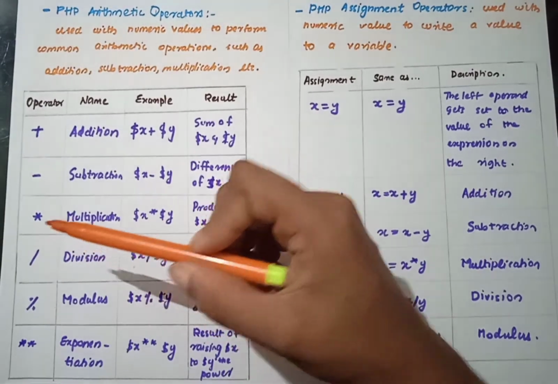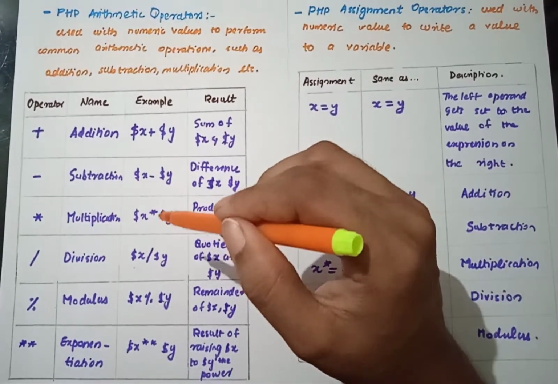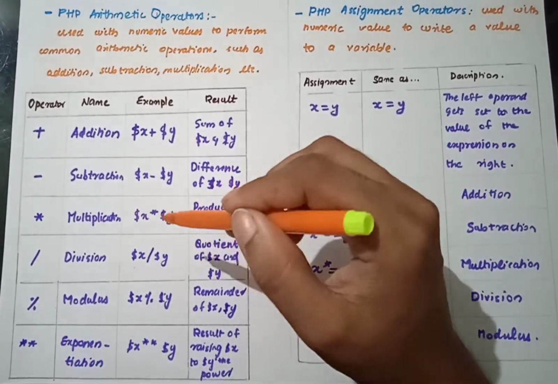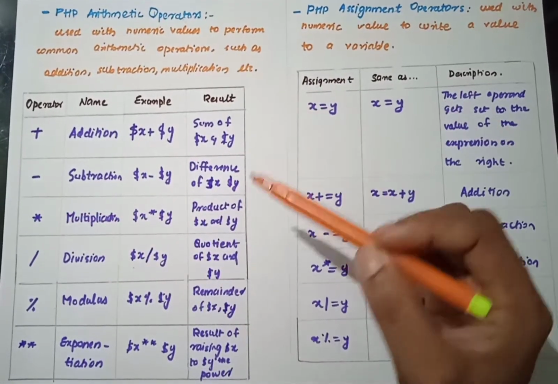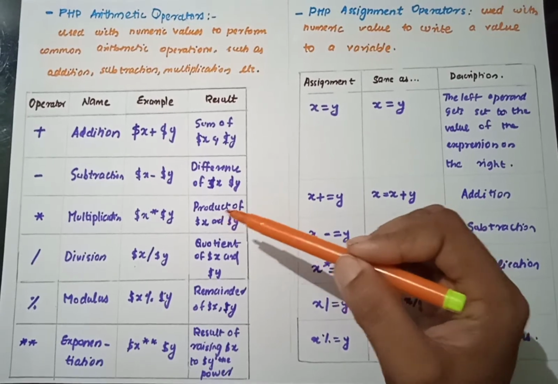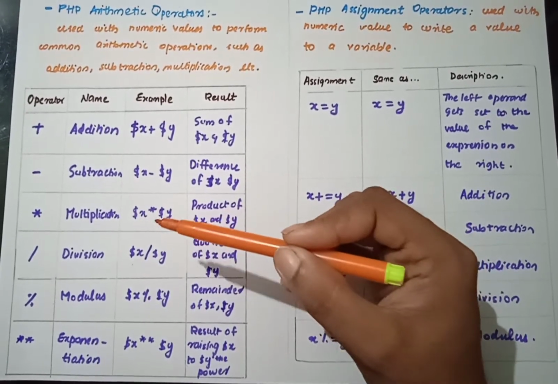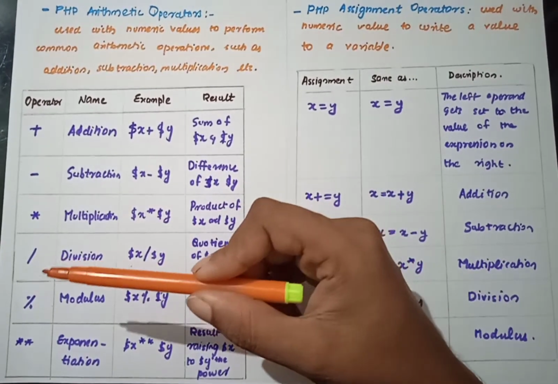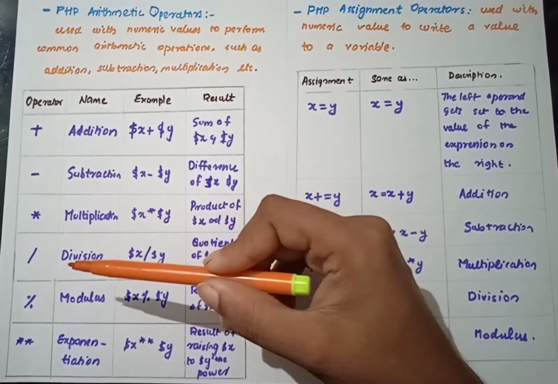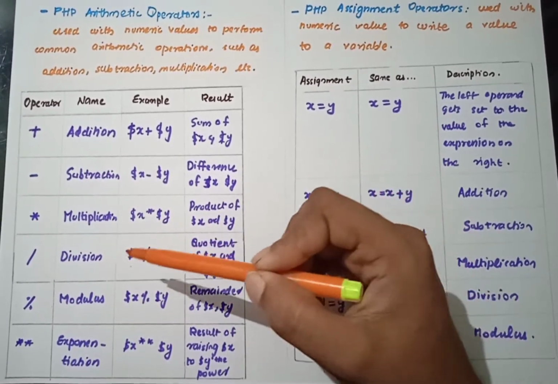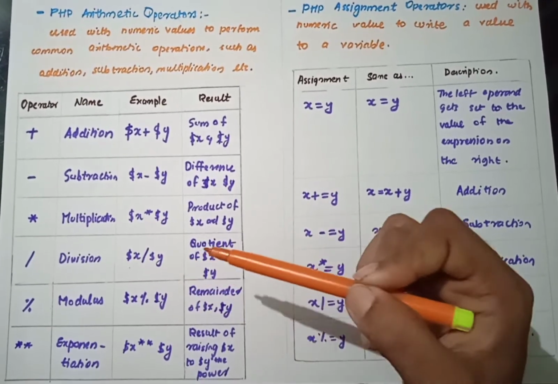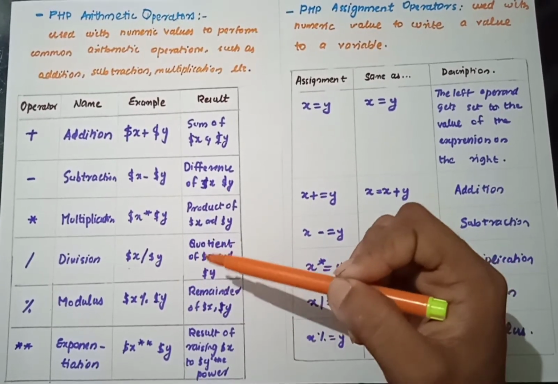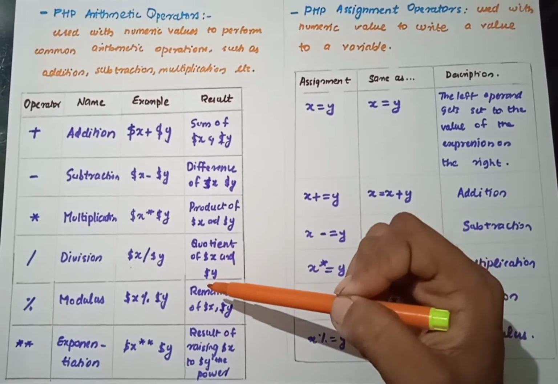In the same way, another one is multiplication, which is represented like this, and this is the operator for multiplication, and you will get a result as the product of the variables you have used. The next arithmetic operator is division, and this is how to define a division. And what will be the result? It will be the quotient of the variables x and y.